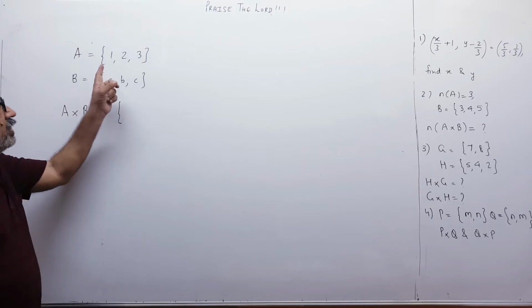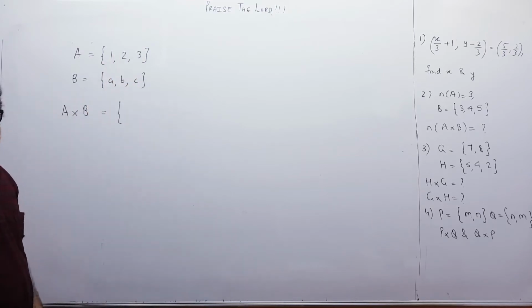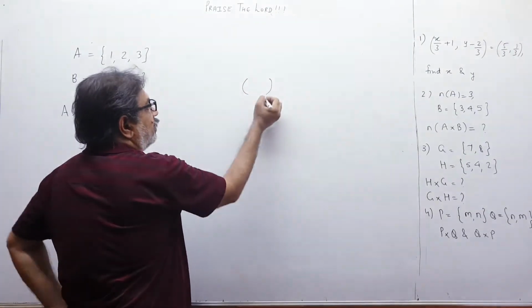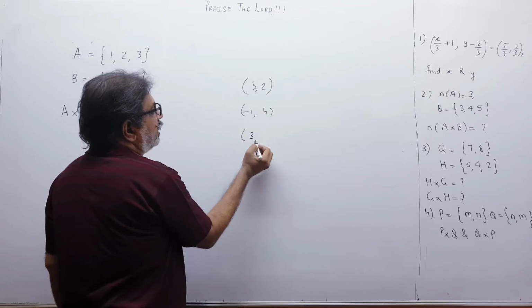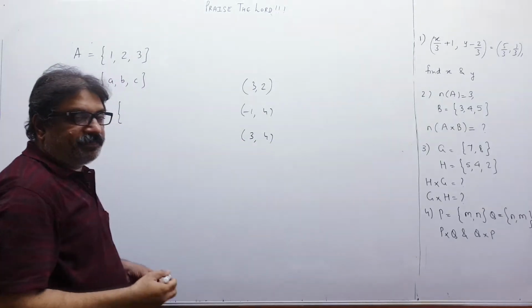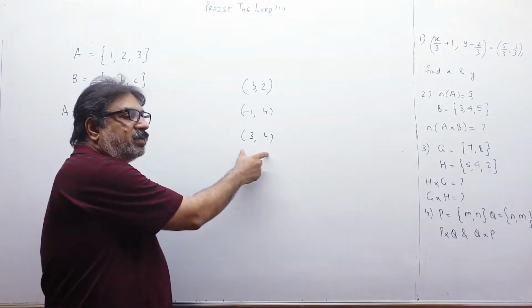Now in A and B there are single elements you can see, but in A cross B there will be ordered pairs. Like in coordinate geometry in class 9 and 10, how you were writing the coordinates of a point, like (0, 3) or (-1, 4) or (3, 4), this is called an ordered pair.